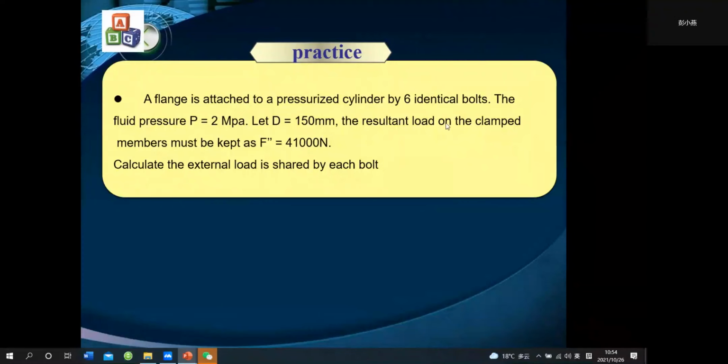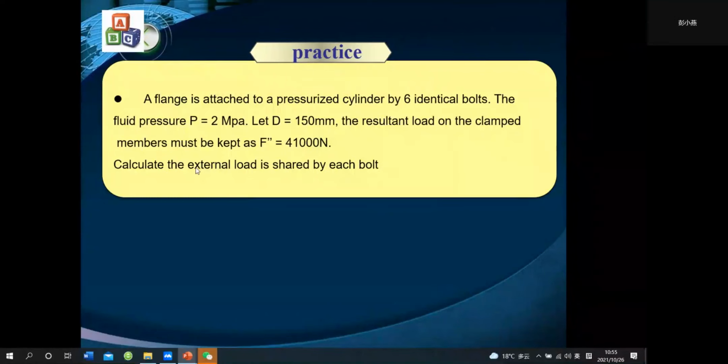The resultant load on the clamped members must be kept as this. So this is F double prime, it's F1 in our PPT. The resultant load on the members is this. So calculate the external load shared by each bolt.